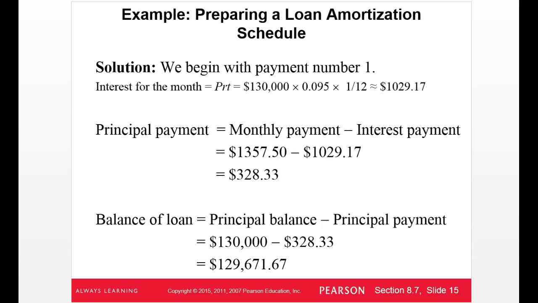So there's a principal payment, there's the interest payment, and the balance of the loan. If I take the original $130,000 and subtract this $328 that's left over after I pay off a little bit of that interest, then I'm left with a new balance of $129,670.